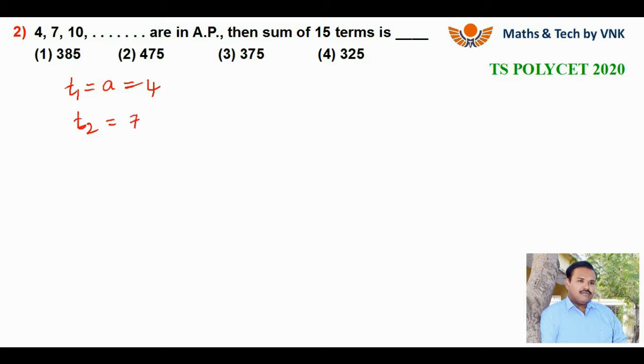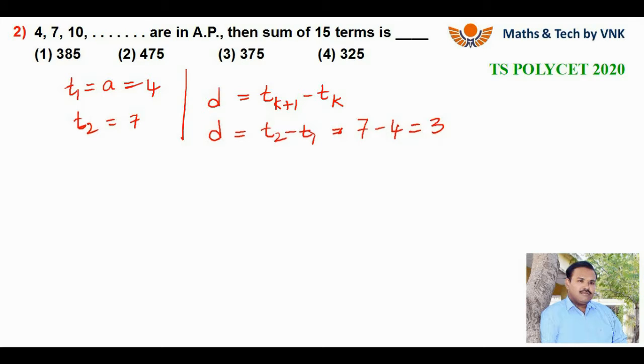The common difference D is equal to Tk plus 1 minus Tk, or we can also write common difference D is equal to T2 minus T1. T2 is 7 and T1 is 4. Seven minus 4 is equal to 3. So the common difference is 3.